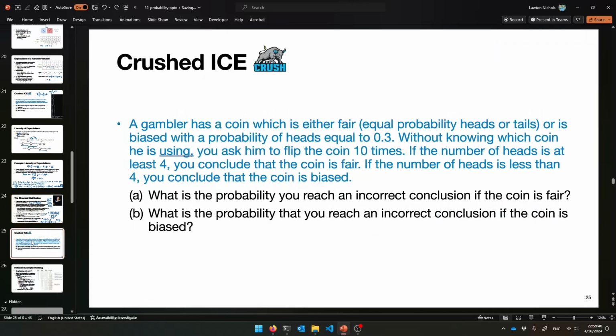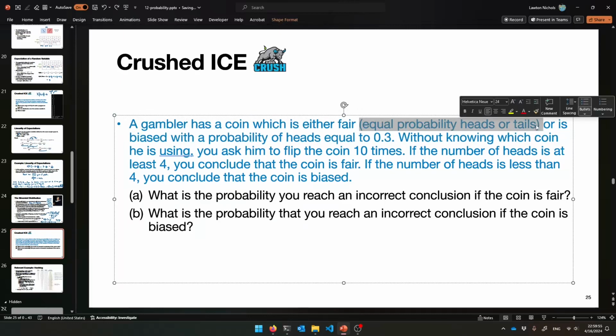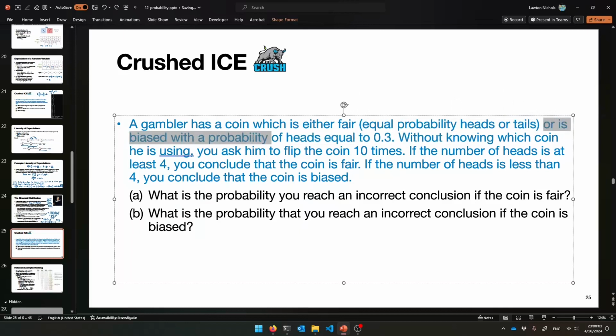So here's a fun example for you to try. Let's pretend that you're best friends with a gambler somehow, and the gambler has a coin. It's either fair, meaning when you flip it, it lands on heads or tails with probability 0.5 each, or it's their secret fake coin that helps them cheat.